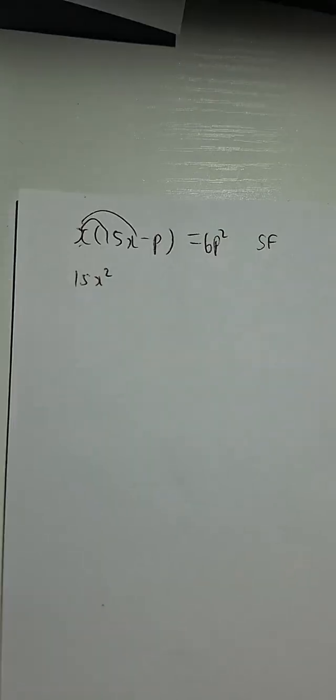So they are saying solve for x in terms of p. What I'm going to write first, I'm going to make sure this equation is in standard form. What's x times 15x? 15x squared. What's x times negative p? It's negative xp. And then the 6p squared you're going to transpose to become negative 6p squared equal to 0. So if I look at this now, let's just say we're going to use the quadratic formula.